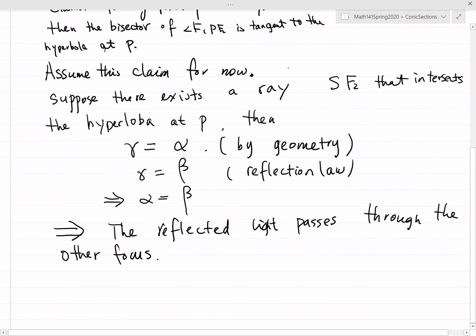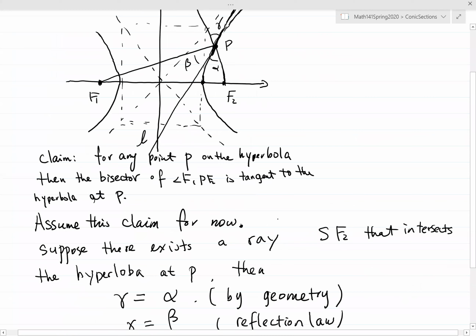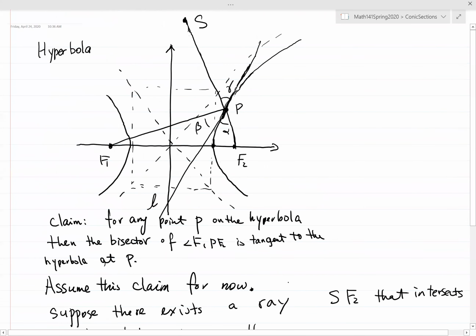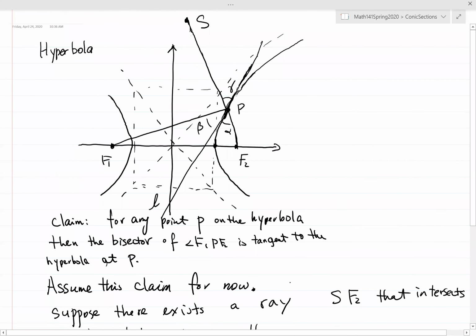We don't have enough time to explain exactly why the tangent line is exactly the bisector, so we make this claim. The idea is the same as how we showed this for the ellipse.